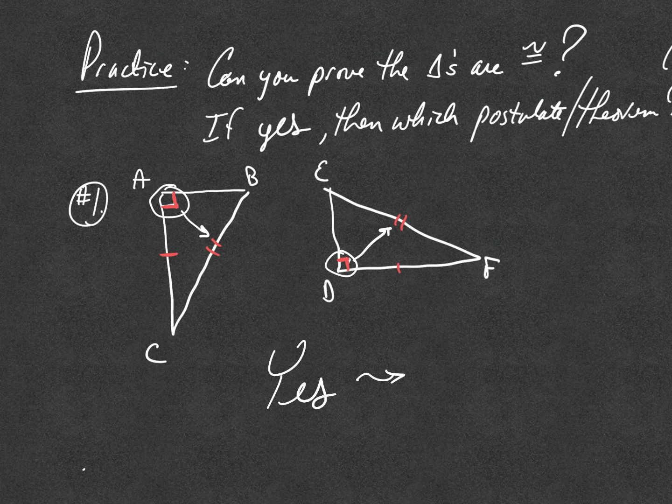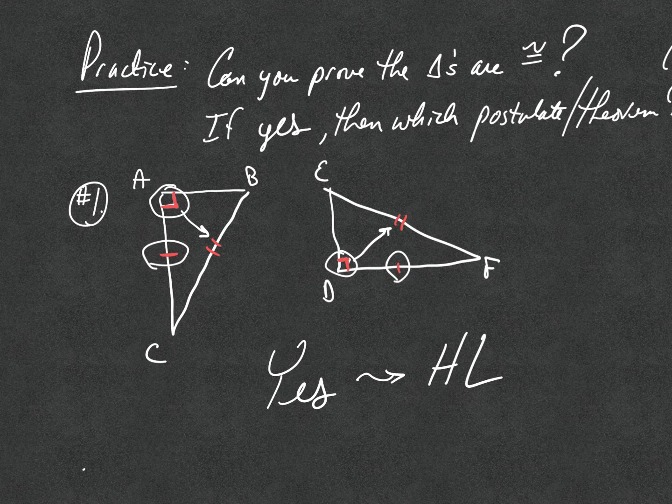Those sides opposite the right angles are called the hypotenuse, so we would know an H. Then the other thing we're told in this problem is that one of the other sides in the left triangle is equal to one of the other sides in the right triangle. The sides that don't make up the right angle are called legs. So the other thing we know here is an L. So the shortcut we'd be using here is HL.